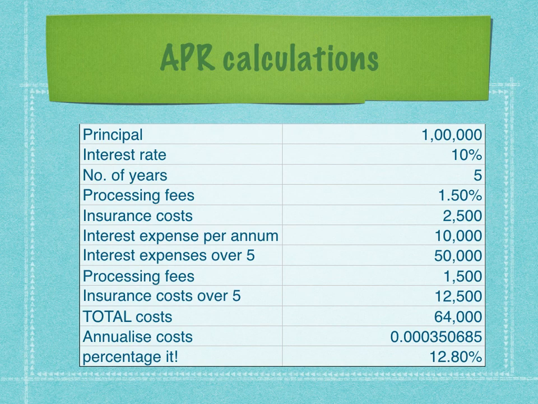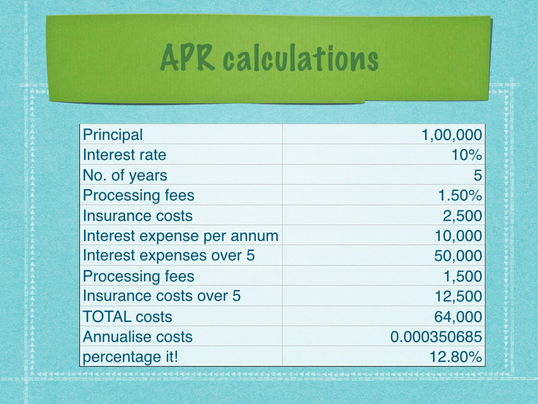64,000 is your total cost divided by 1 lakh, right? How many days are there in 5 years? 365 multiplied by 5. We get the daily expenditure of this loan. The total cost is 64,000. The principal amount is 1 lakh. Yes, but 64,000 is for 5 years.